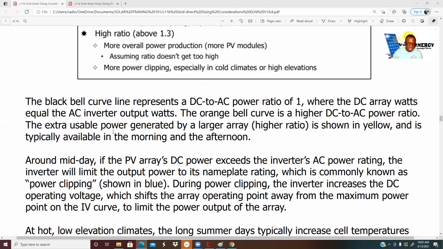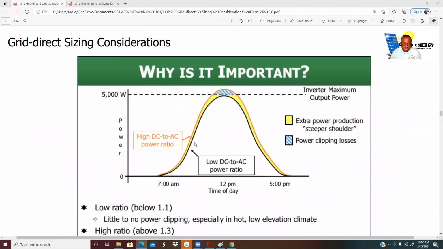The extra usable power generated by a larger array or higher ratio is shown in yellow and is typically available in the morning and the afternoon. So you see the yellow here, a lot, and it goes down. High extra power production, you get more power.